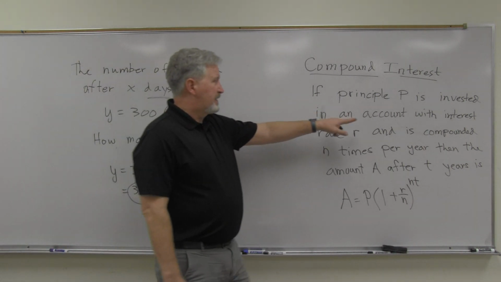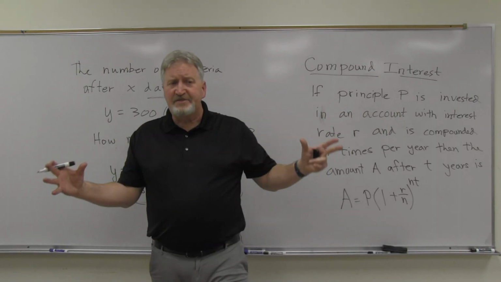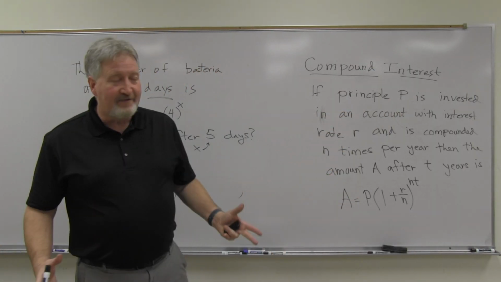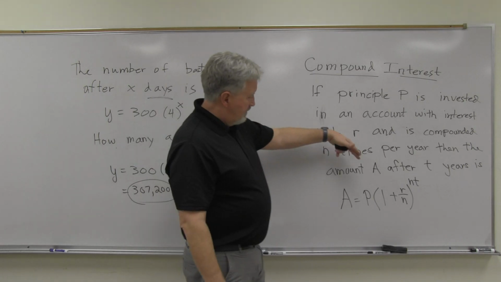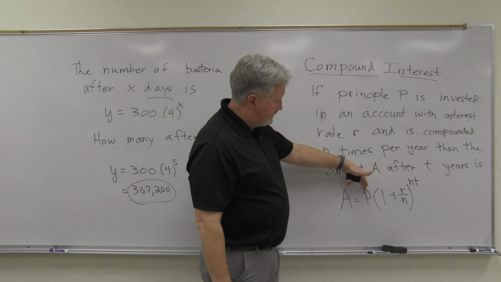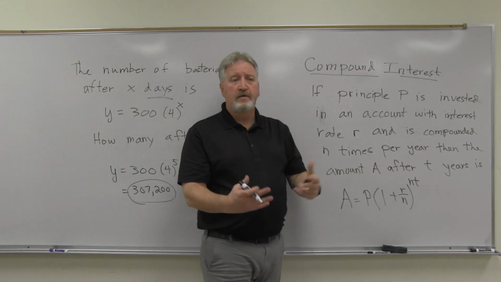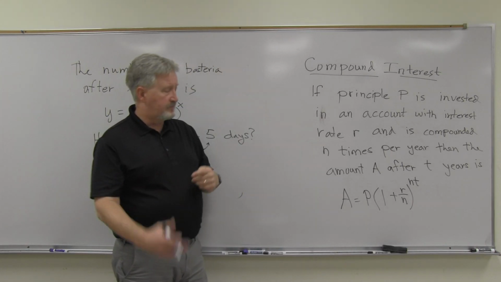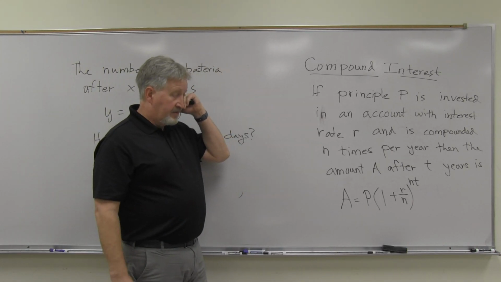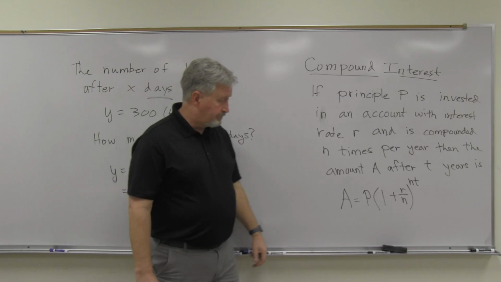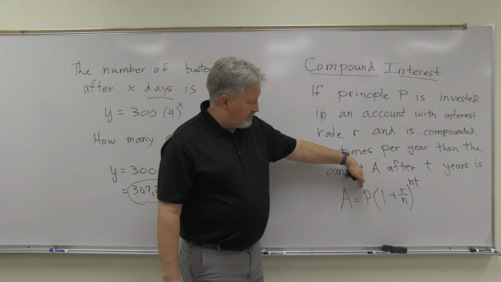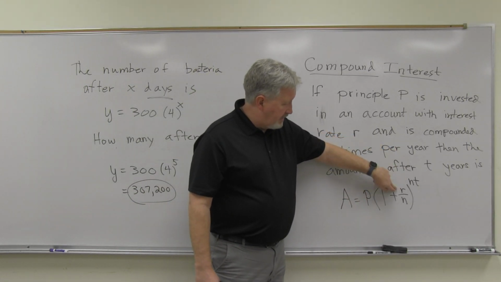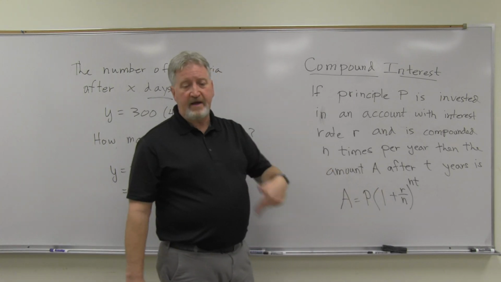Yeah, P, principal, that just means the amount you start with. So P goes here, kind of like the initial population. We talked about that a little bit the last example or two, but it's just the amount you start with. The rate R, you divide that by the number of compoundings there is per year.